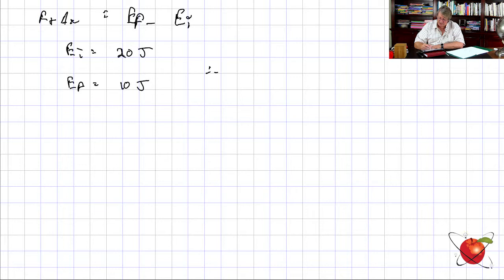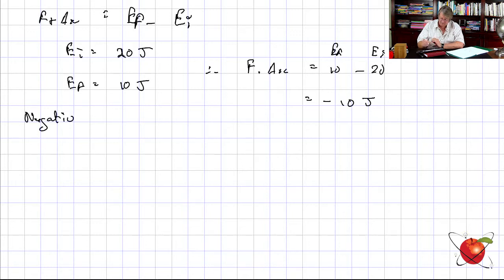Therefore, the force times the distance must be equal to E final, which is 10, minus E initial, which is 20, which is minus 10 joules. Let's just examine. This is negative, right? Why is it negative?